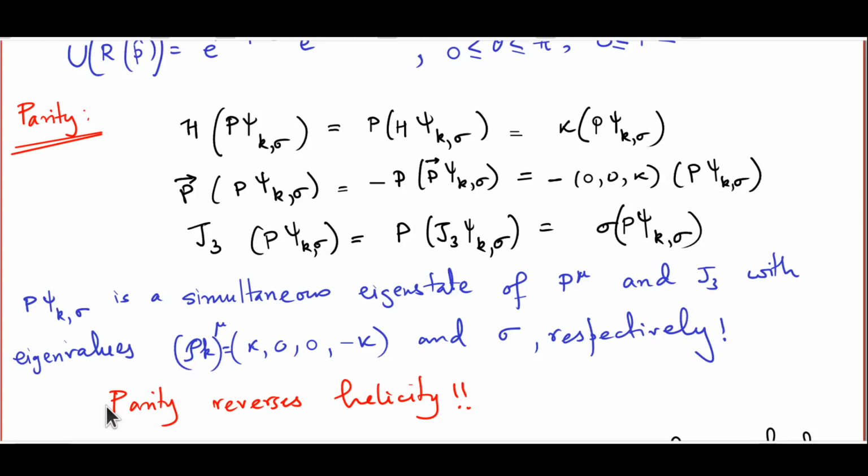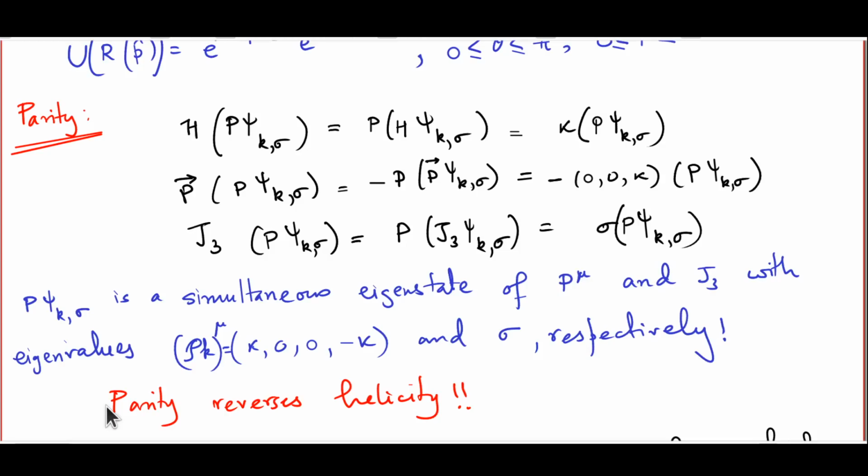So what we see is P psi k sigma is a simultaneous eigenstate of P mu and J3, just like the original psi k sigma was, with eigenvalues given by the parity reversed version of the 4 momentum k, kappa, 0, minus kappa, and for J3 the eigenvalue is sigma, the same as for the original state psi k sigma.